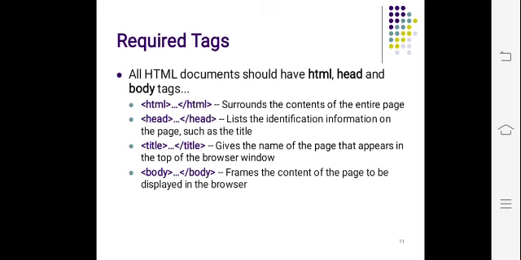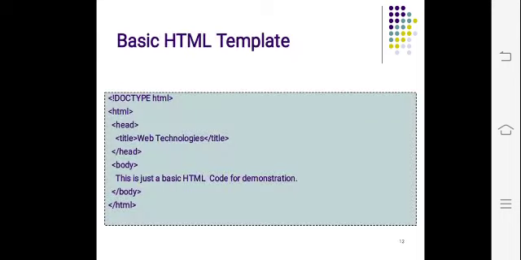Head and closing head tag list the identification information on the page such as the titles and others. So title will display on the top of the web page. Title and closing title tag give the name of the page that appears in the top of the browser window. Body and closing body frame the content of the page to be displayed in the browser.